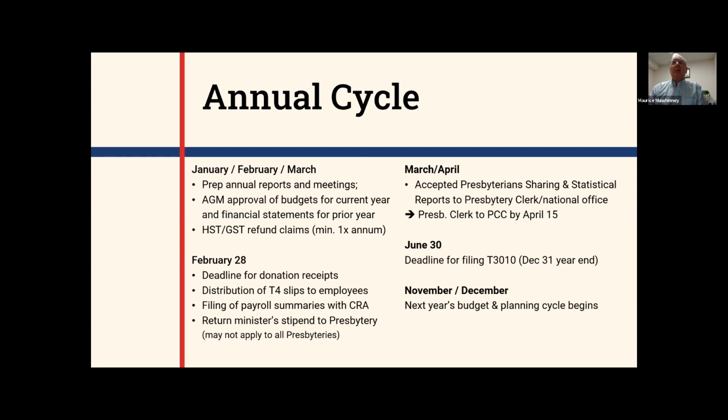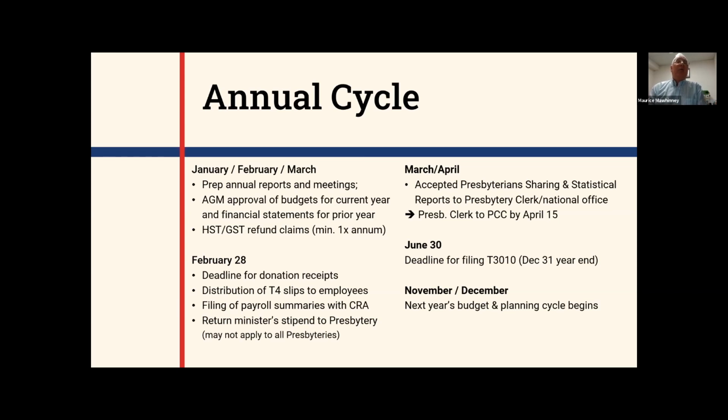In some cases, I know within our presbytery, congregations are asked to report to the presbytery the amount of stipend that they're going to be paying the minister. We do this to make sure that the stipends being paid at least equal the minimum amount laid down by the presbytery when a minister is called.